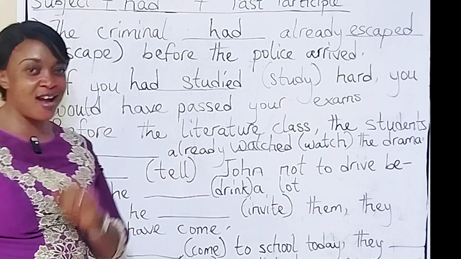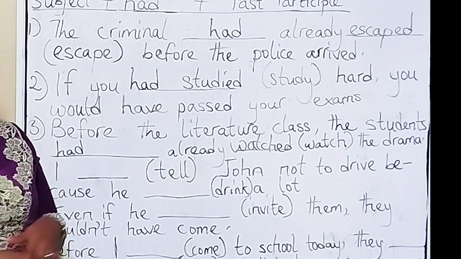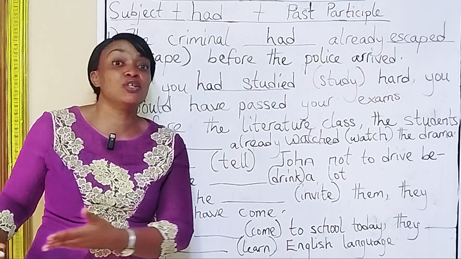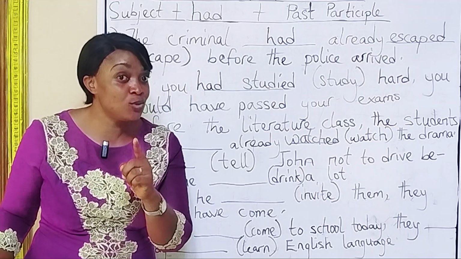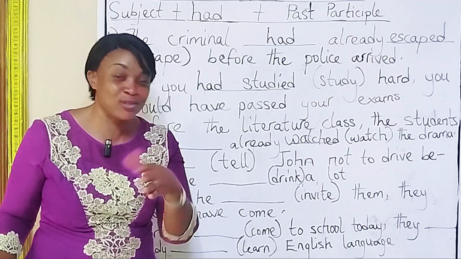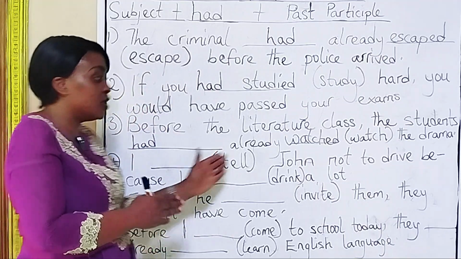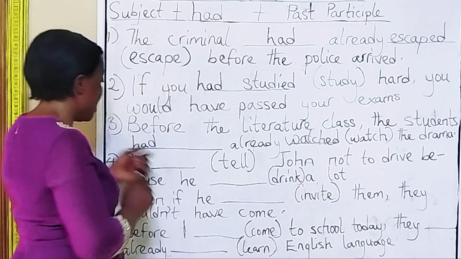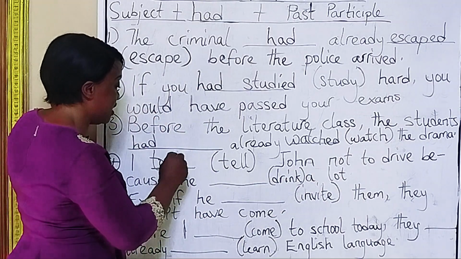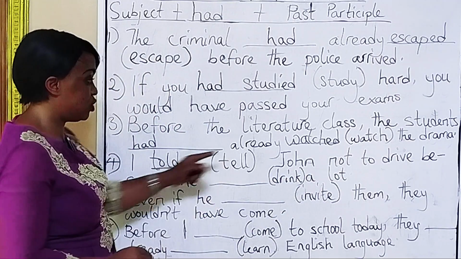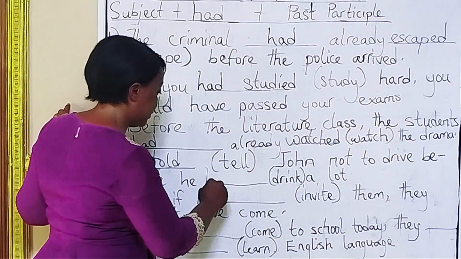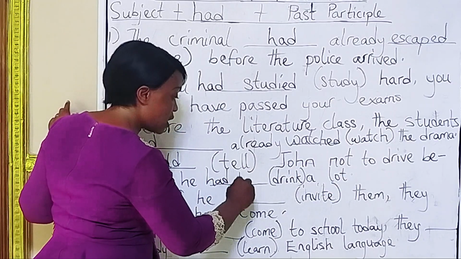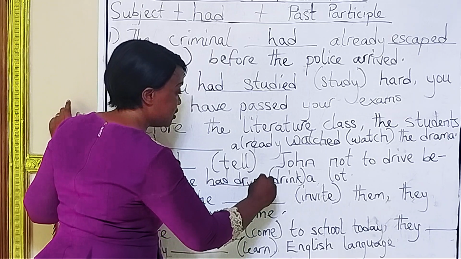Which of these actions happened first? Is it that I discovered that he had already drunk? So, in order to avert an accident or something that would happen, I told him not to drive. So we have, I told John not to drive because he had drunk a lot.